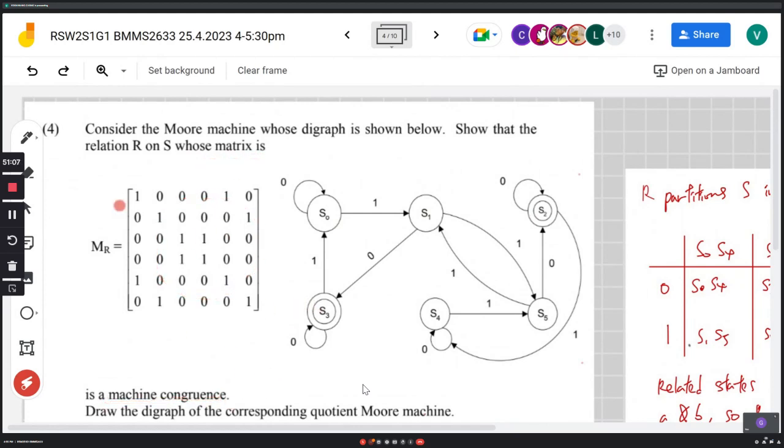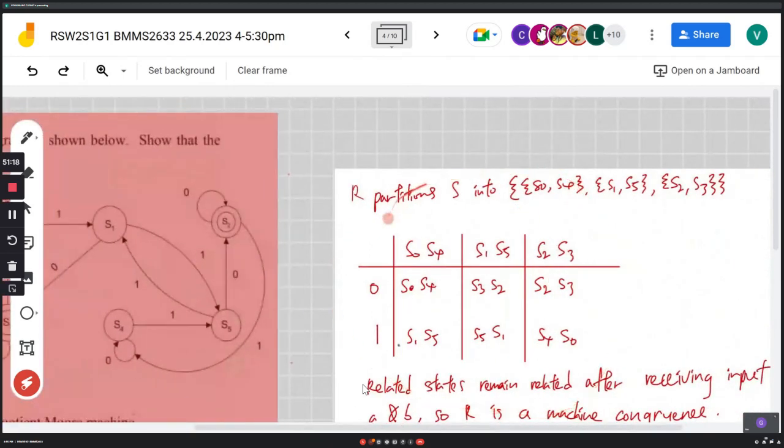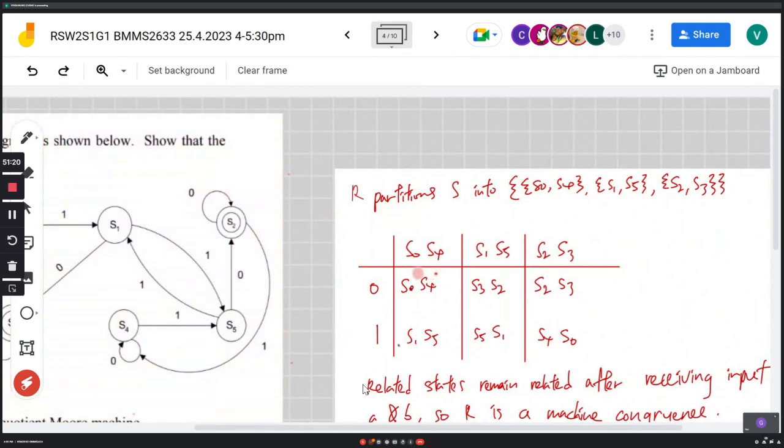So we need to show the groups is the machine congruence. So that means after you divide it to the groups like this, you need to decide here, is it the same class or not? Here you have 3 groups, right? And you need to make sure all after the input 0, input 1, this is in the same group. They cannot be separated.